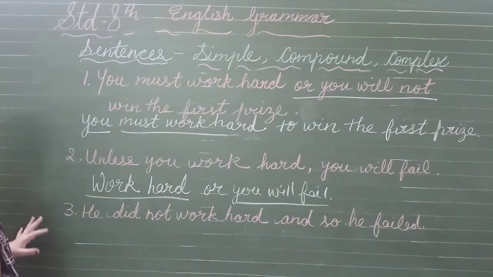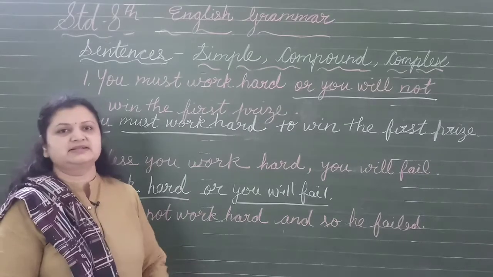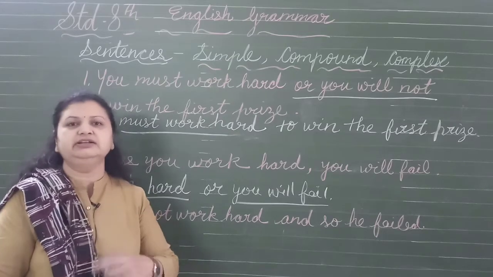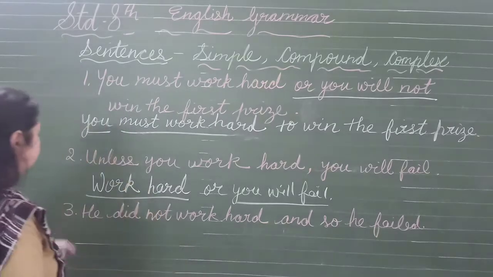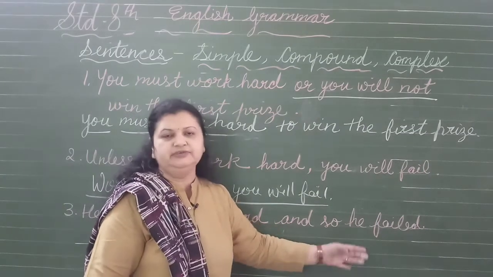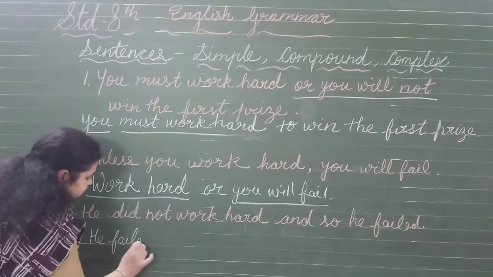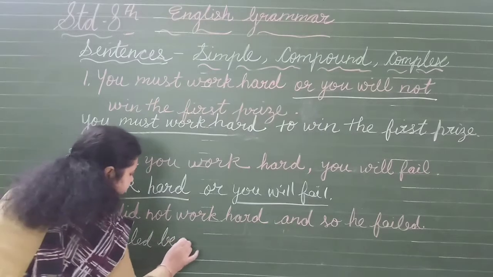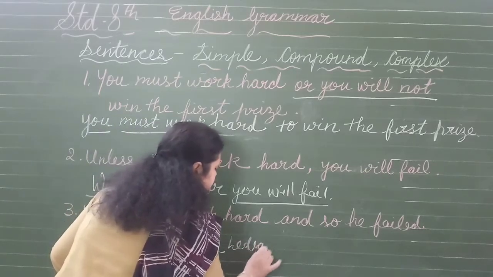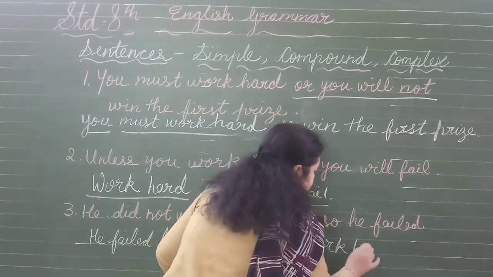Now the third one, he did not work hard so he failed. Now make it complex, and you know very well that in a complex sentence there will be one main clause and a second subordinate clause. So we can change it like this: he failed because he did not work hard.